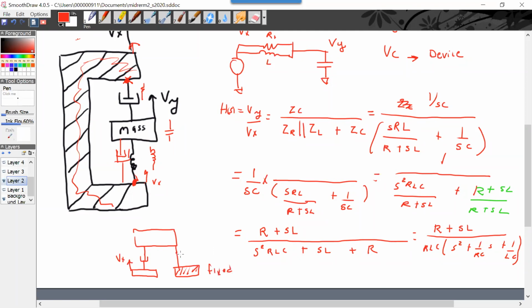Oops, I meant to put an inductor in here, or a spring. That mass already has one end connected. This inductor is connected to the mass and a ground, but you actually see the inductor connected to the ground.